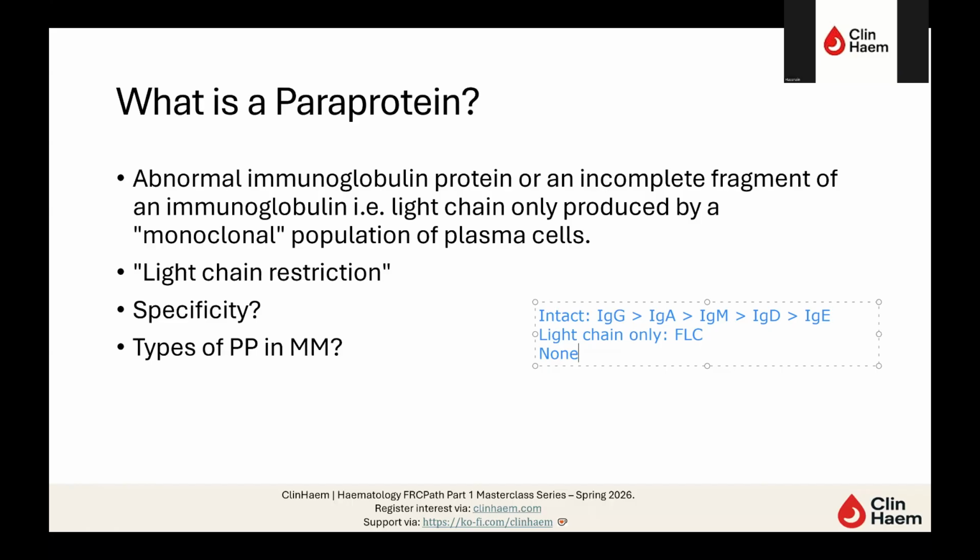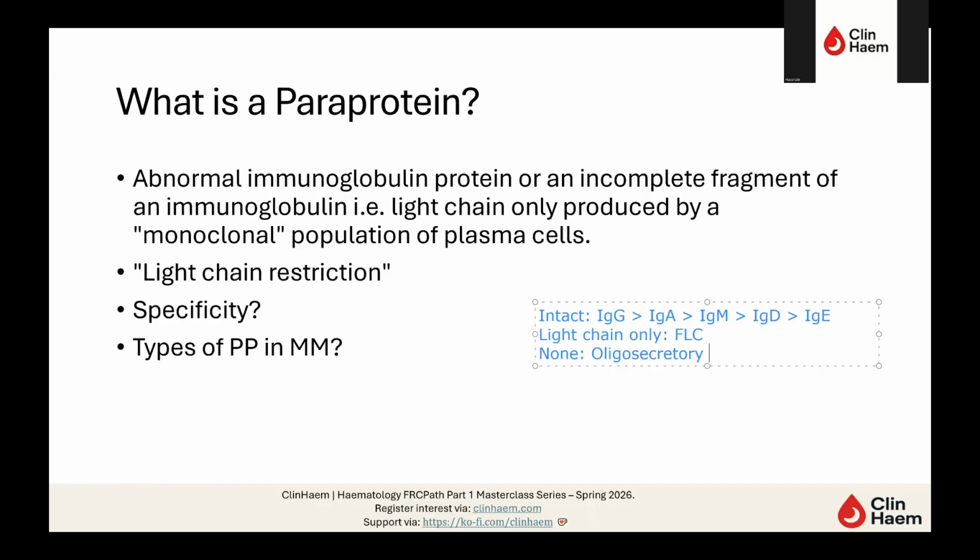So these are the types of paraprotein that a myeloma can produce. Now in the non-secretory section, it can be oligosecretory, which basically means you can still detect small amounts by sensitive assays like serum free light chains or even better, mass spectrometry. The other assays that I will mention will miss them.